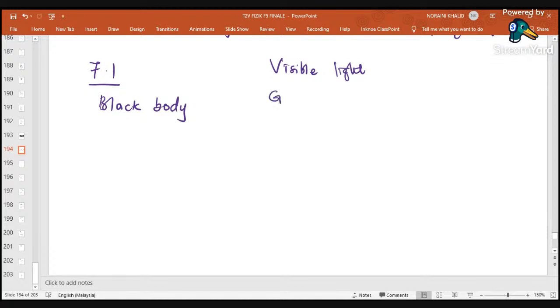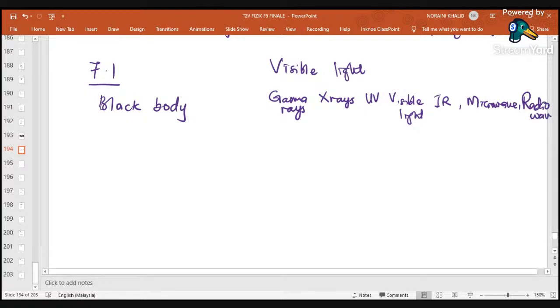The first one you have gamma rays, and then you have X-rays, ultraviolet, then we have visible light, infrared, microwave, and then radio wave.